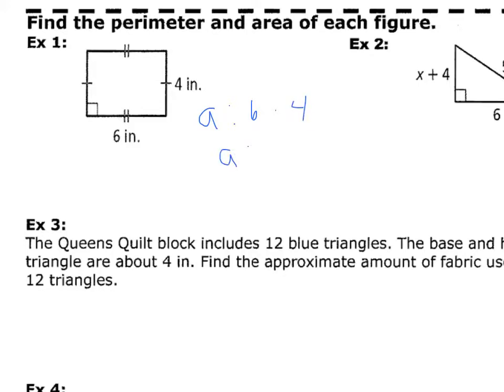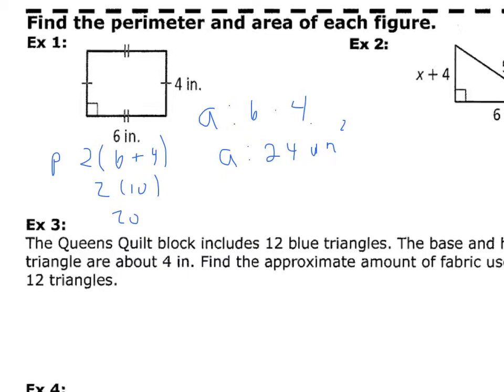So your area would be 24 inches squared. If you wanted to find the perimeter, you would do 2 times length plus 2 times width, or 2 times length plus width, so it would be 6 plus 4. 6 plus 4 is 10, and then 2 times 10 gives you 20. Okay, so that's your perimeter and area for the first rectangle.